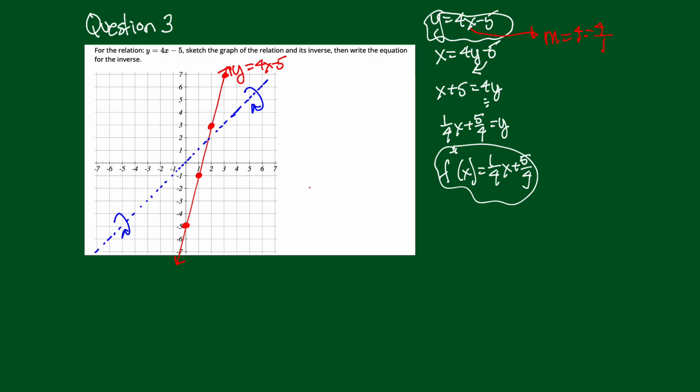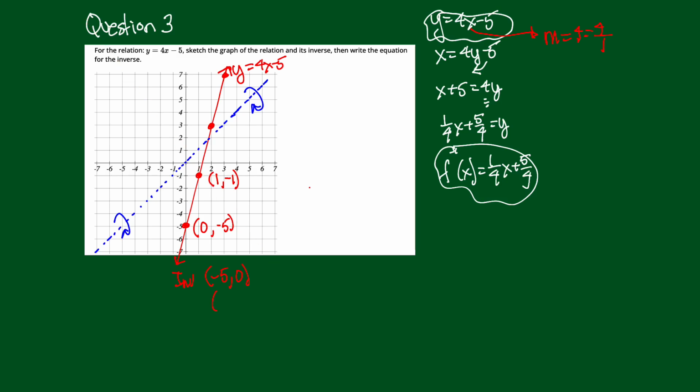Now, instead of just graphing this using that slope-intercept form, I'm going to do this. Notice that this point right here is 0, negative 5. That means that negative 5, 0 is on the inverse. This point right here is 1 and negative 1. Interchange the x and y.